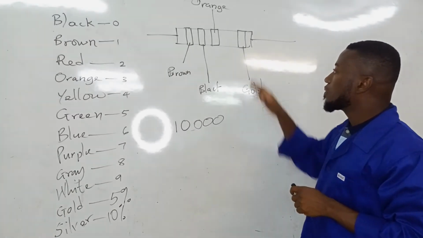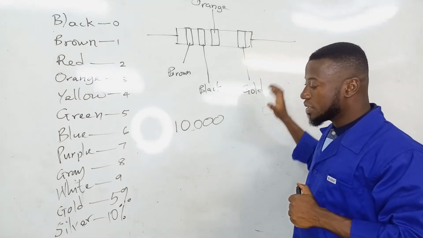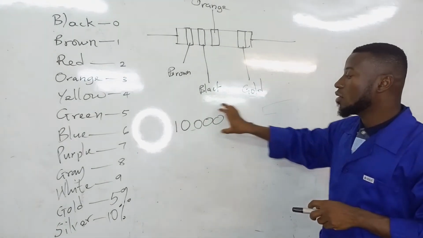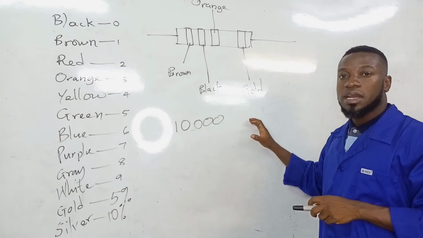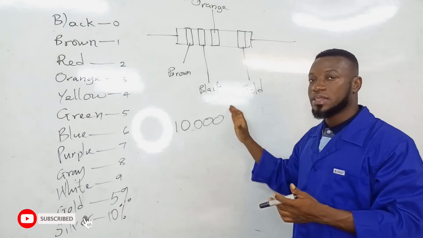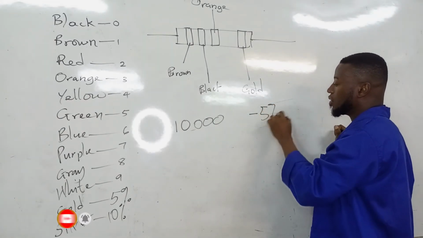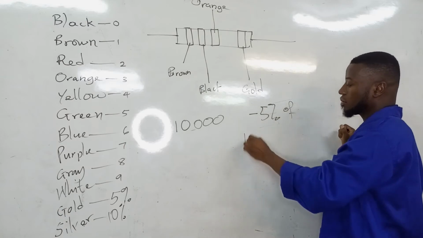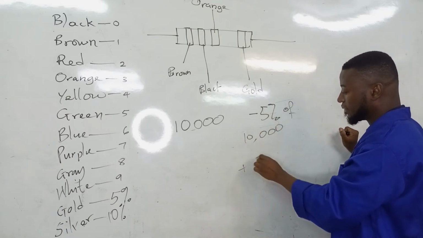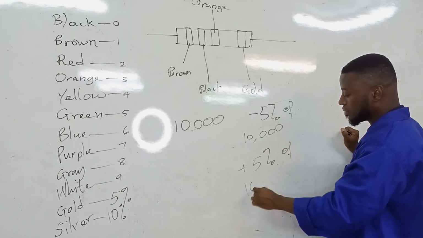Then we will calculate for the tolerance. Tolerance means 5% of this value. Either we add 5% or we subtract 5% of this value. So we have minus 5% of 10,000 and then plus 5% of 10,000.